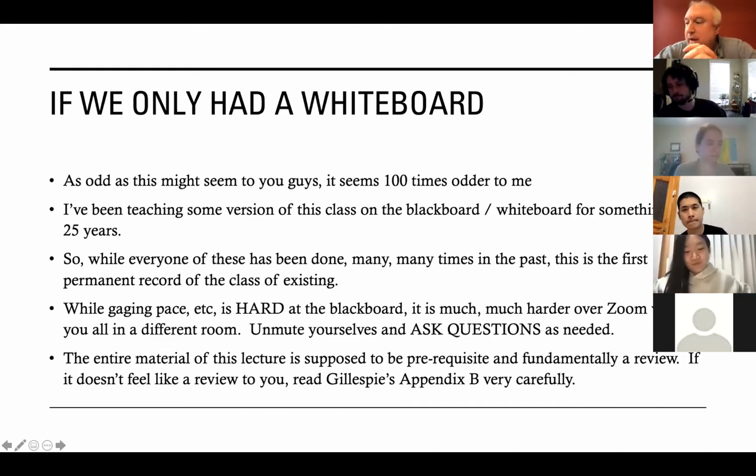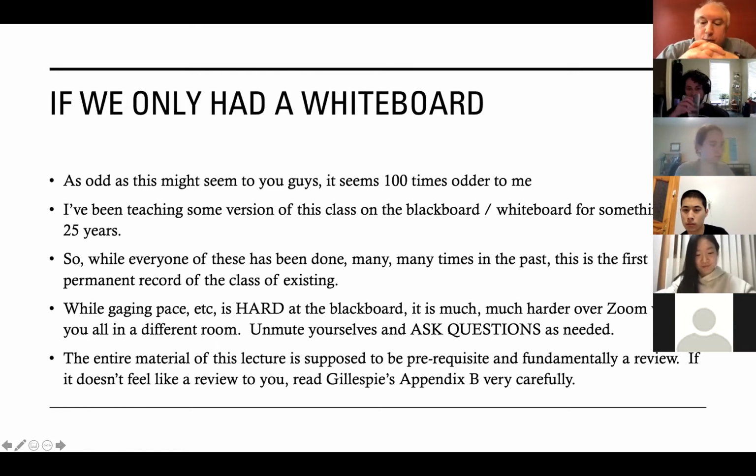At the blackboard, there is a limit to how fast I can go, which is how fast I can write, which is sometimes pretty quick. But on here where it's already written, there's effectively no limit to how fast I could go. And my suspicion is that when I start really screwing up, the way I will be screwing up is by going way too fast.